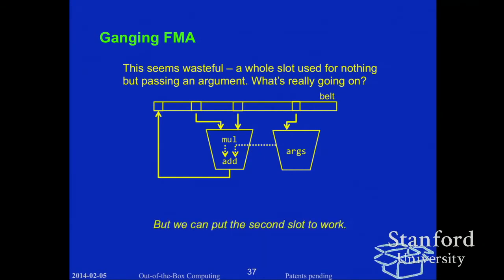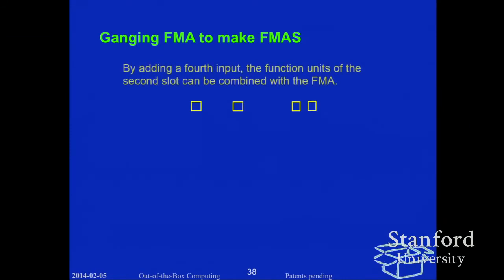But we could do something useful in the second slot. So let's gang together 2 FMA units to make what we call FMAS, or fused multiply-add-subtract, with 4 inputs.